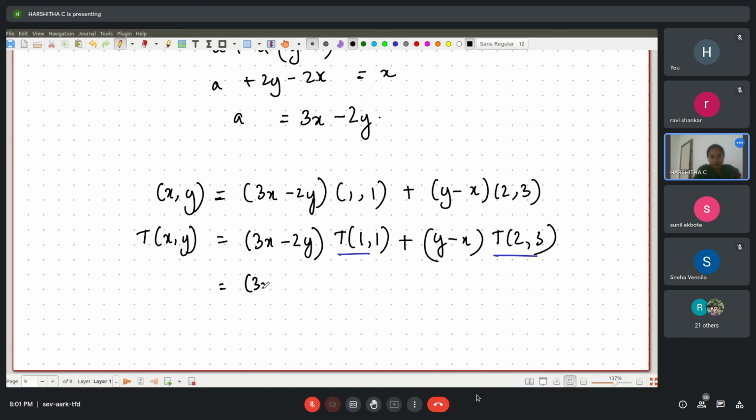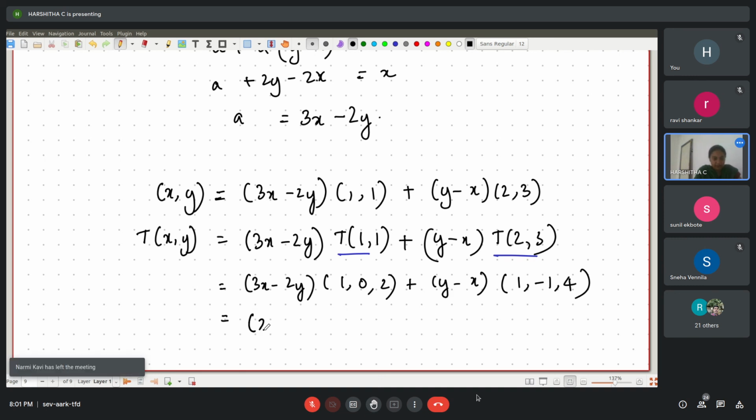So (3x minus 2y) times (1, 0, 2) plus (y minus x) times (1, -1, 4). If you multiply and add it up, you can check that this is what you get, just multiplication and addition.